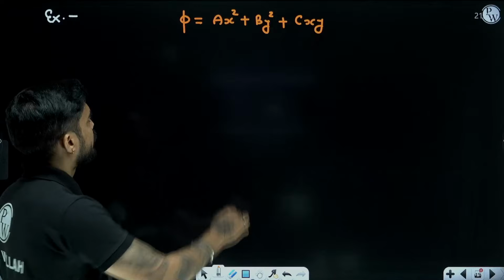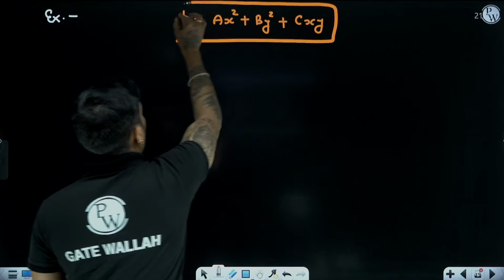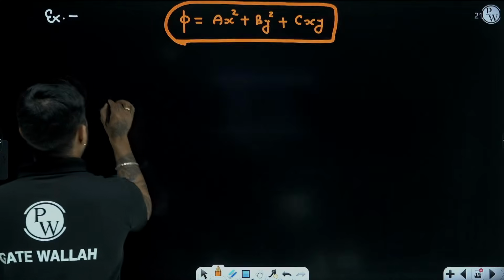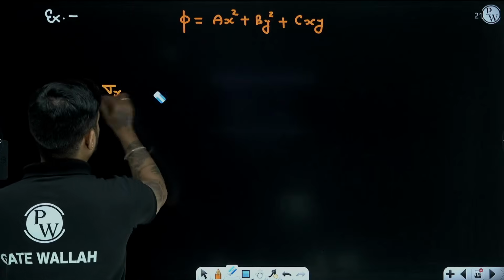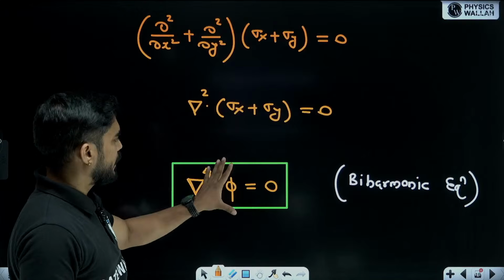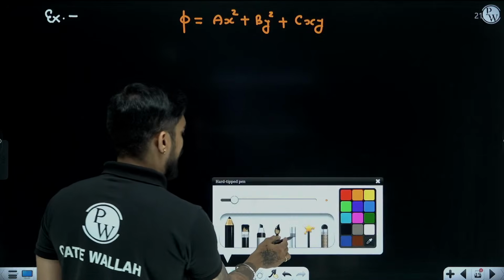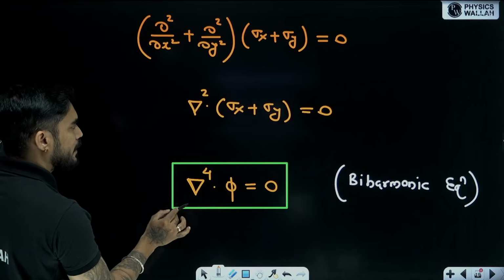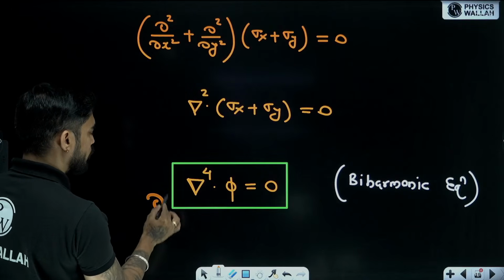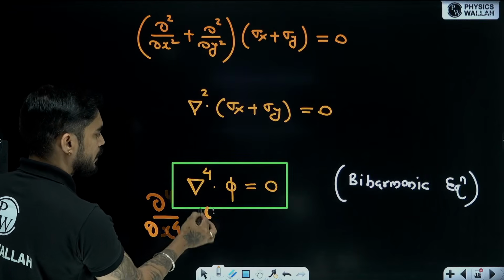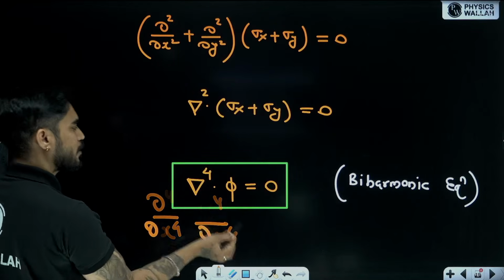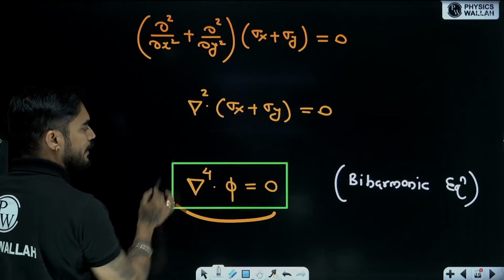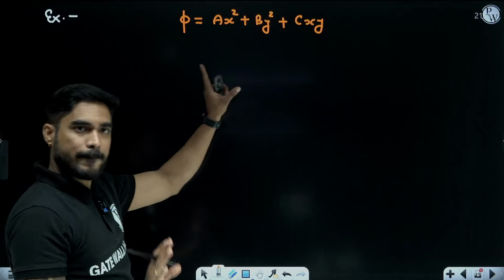Then only this will be valid. First of all, if you put it here, it will automatically satisfy, because here we have only x to the power 2 and y to the power 2, and we are differentiating with respect to ∂⁴/∂x⁴ and ∂⁴/∂y⁴, so it will automatically satisfy. So you can see that whatever function I have chosen, it is satisfying this equation. So this is okay. We can use this.